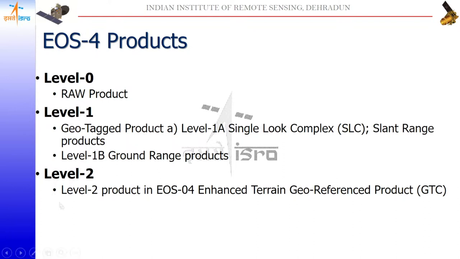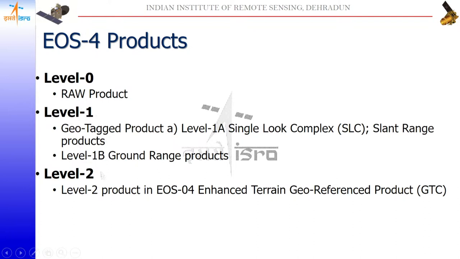If you want to do some simple analysis like object detection, where the phase is not important, then we can use the level 2 product directly. But for polarimetric and interferometric applications where the phase is required, we have to use the SLC images, level 1 images.